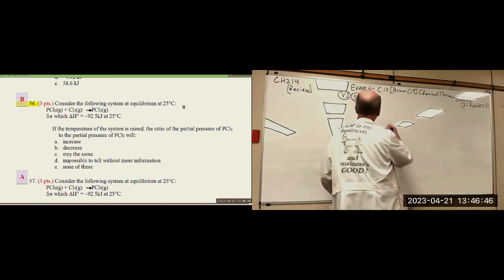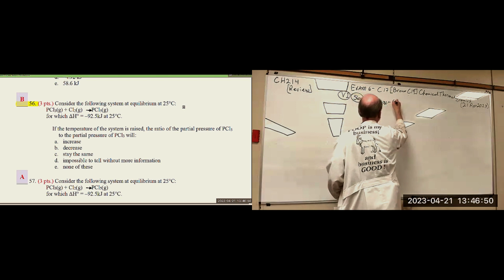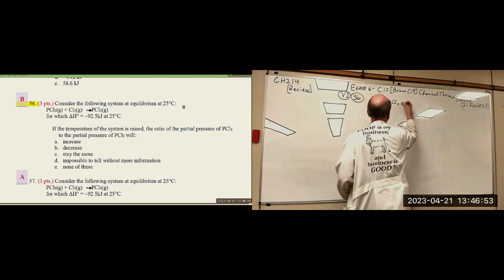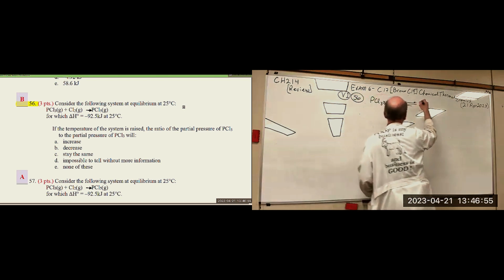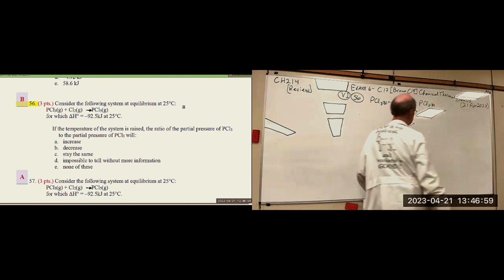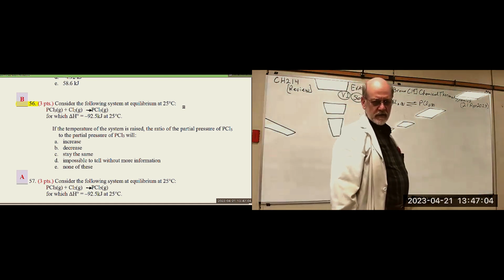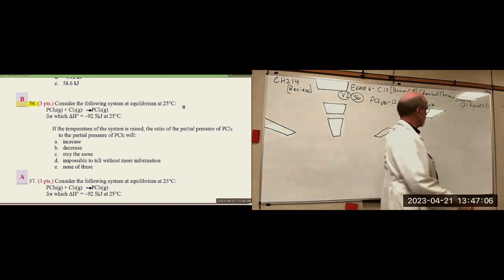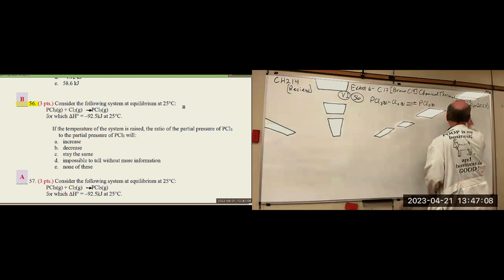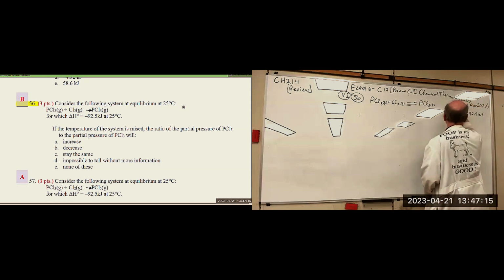PCl3 plus Cl2 yields, I bet it's PCl5. Yep. At 25 degrees, delta H is minus 92.5 kilojoules.